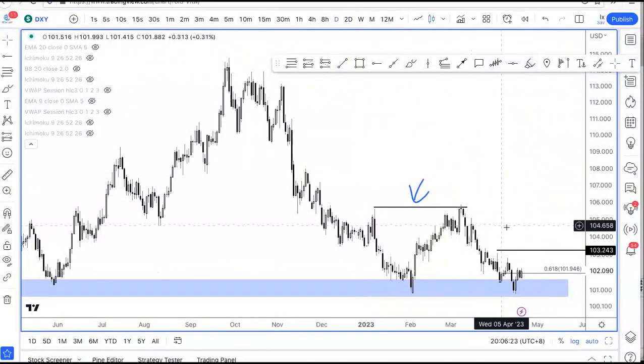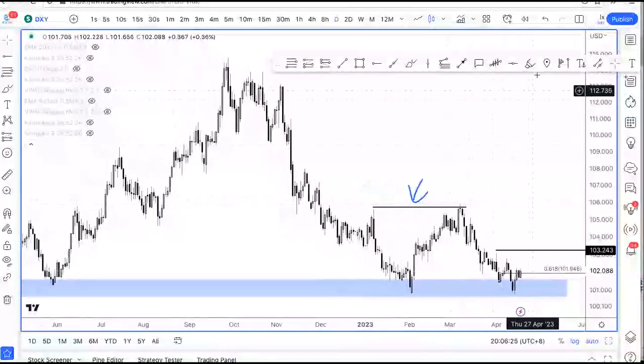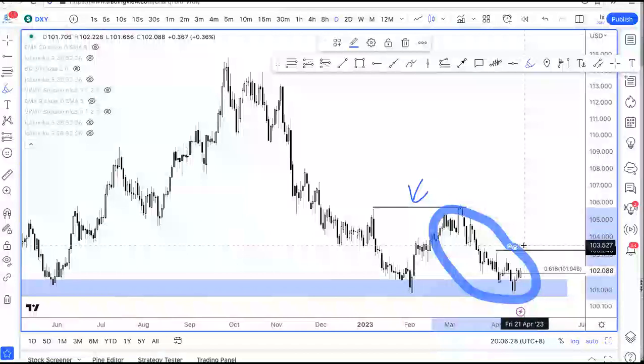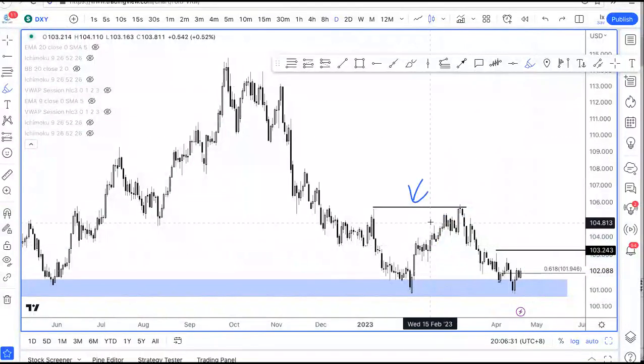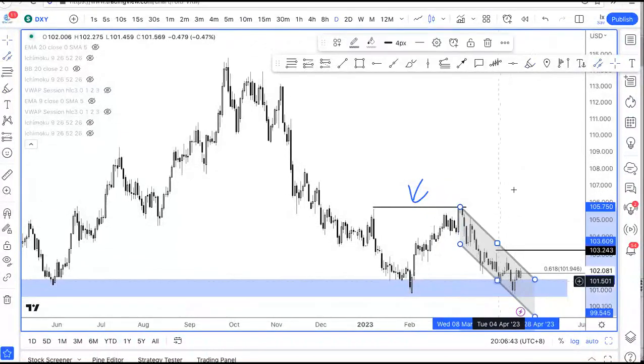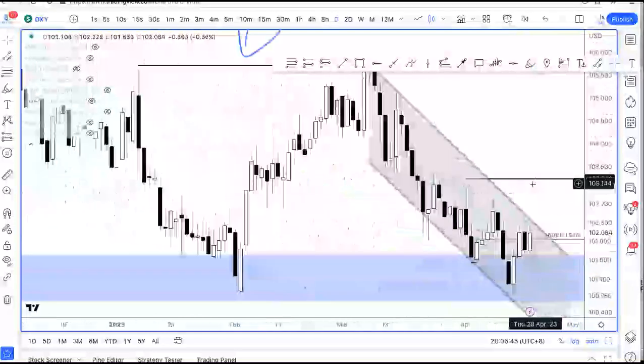So it will be somewhere here. You can see that for this zone we have a descending channel form. For a descending channel to be valid, we need price to test at least the resistance and support twice, so both the top and bottom.